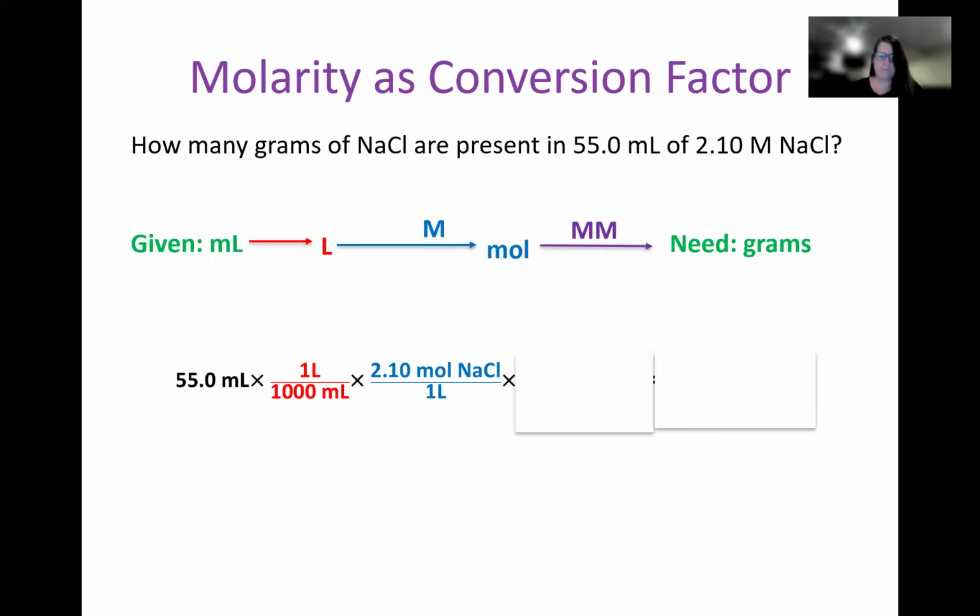Next step is to convert moles into grams, and that's using the molar mass of sodium chloride from the periodic table. Moles needs to go on the bottom and grams on top, so we're left with grams. And so I calculated that from the periodic table, and then we're going to round. The 55 has 3 significant figures, this is exact, this has 3, and this has 4. We'll round to 3, and we get 6.75 grams of sodium chloride.